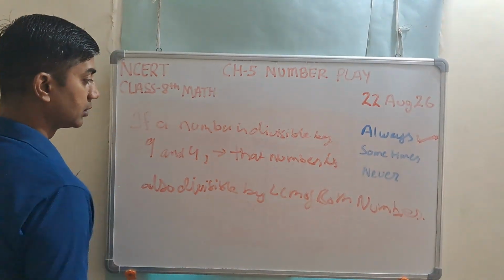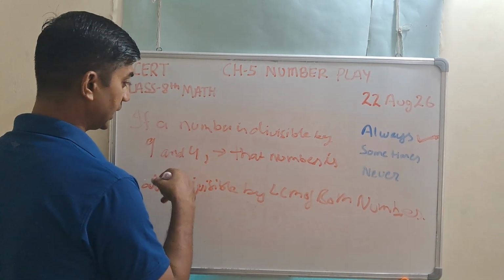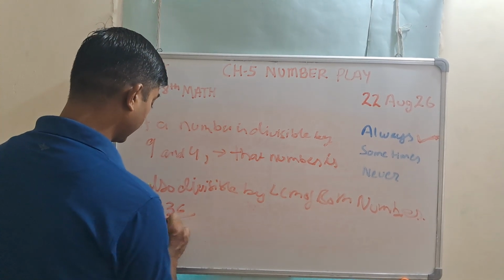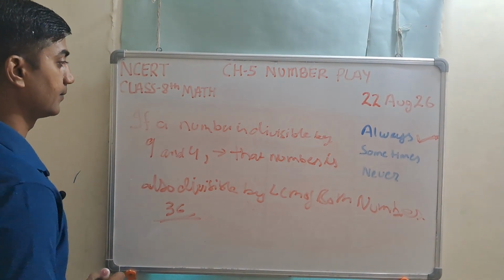What does it mean? That that number is also divisible by 36 in this particular case, understood.